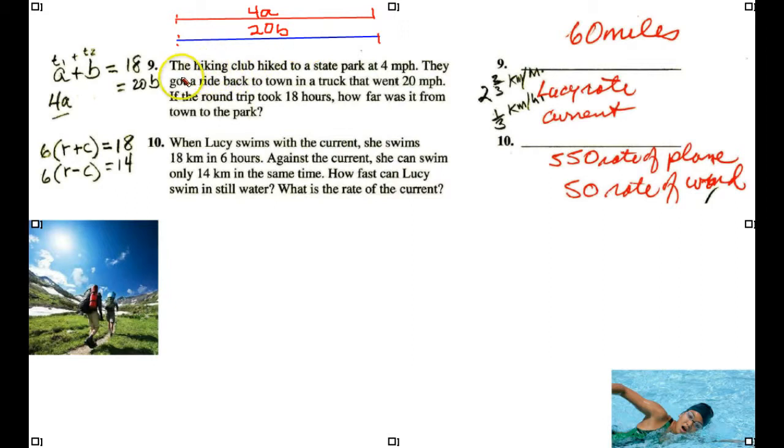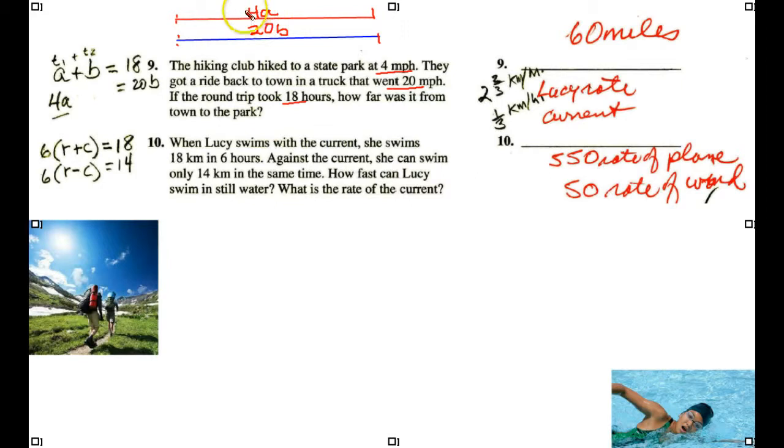So in number 9 now, we have a hiking club that hiked to a state park at 4 miles per hour. They got a ride back to town in a truck that went 20 miles per hour. If the total trip took 18 hours, how far was it from the park?